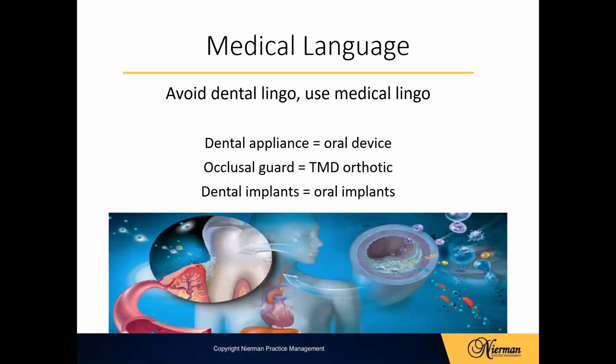Of course, if you call it an occlusal guard or bruxism guard, that type of service is going to be considered dental. If it's truly a TMJ orthotic, then you want to call it a TMJ appliance or orthotic. Orthotic's the best word for your TMD.